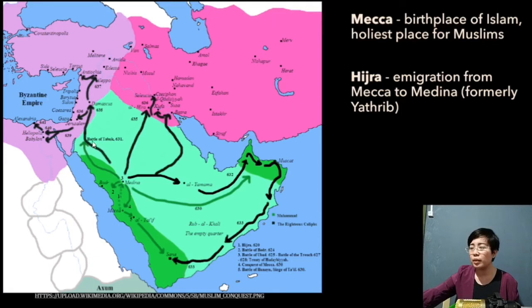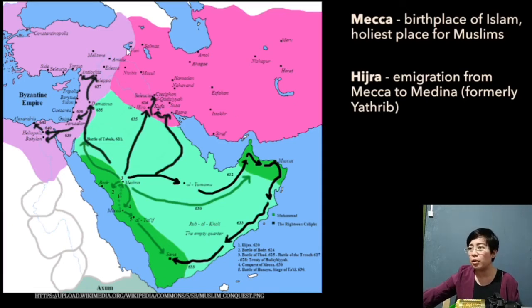Yan na yung time ng mga caliphates, wherein sila naman yung nag-start ng Islamic conquest. Aside from spreading the faith, nagkaroon na rin ng conquest, may mga sinakop silang mga lugar and na-establish din nila more firmly ang Islamic faith.